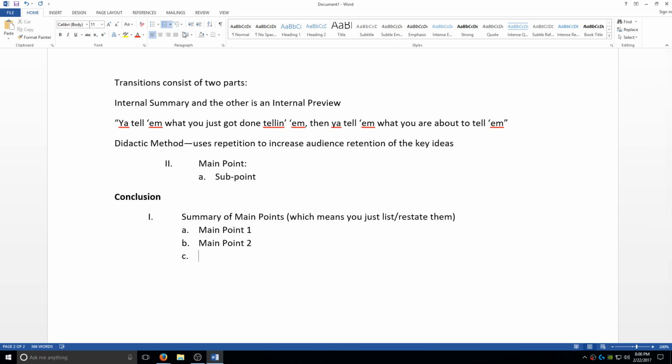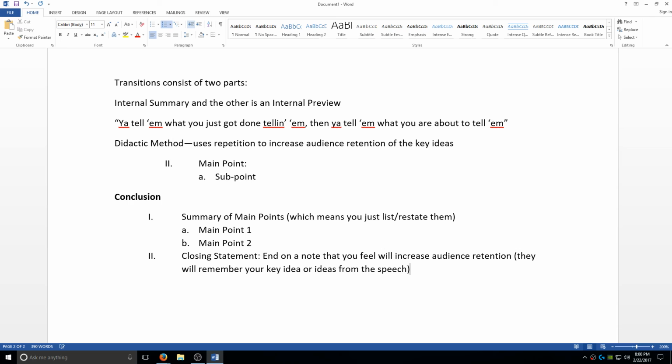The second job is what we call the closing statement. End on a note that you feel will increase audience retention. In other words, they will remember your key idea or ideas from the speech. So how exactly do you do that?